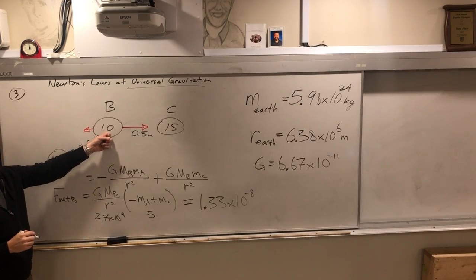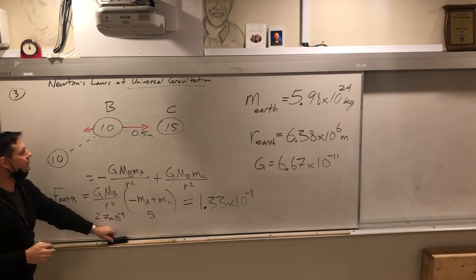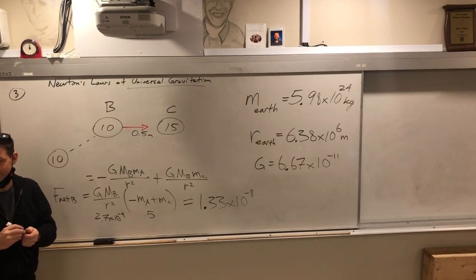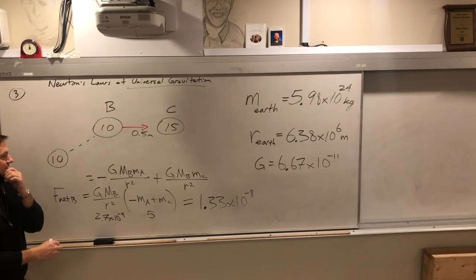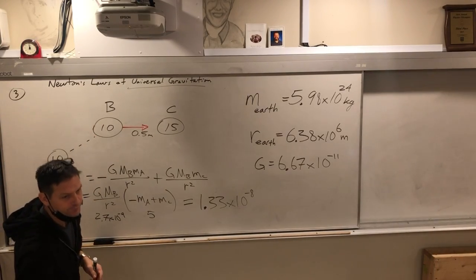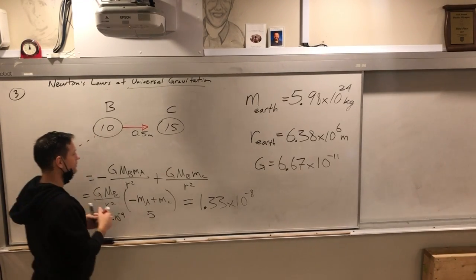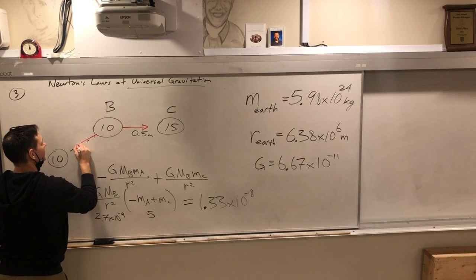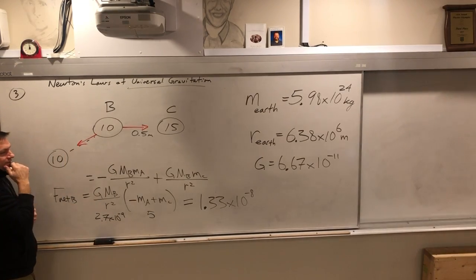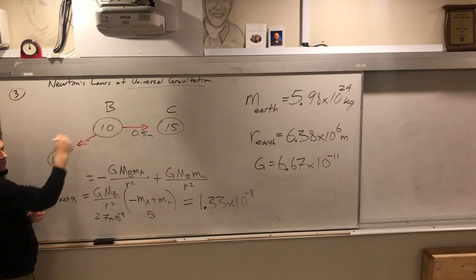Now what's the net force on this? How would you do it? You could use trig, right? This force would be in this direction, right? This is all an aside, you're not going to have to do this, but at one point, some of you will have to do it. If this force is down here, how do I calculate the net force on this?